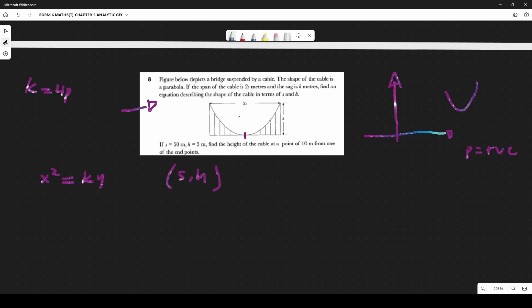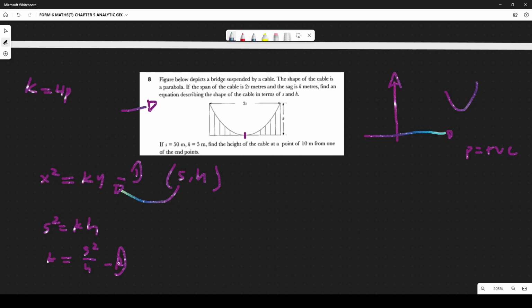These coordinates, s and h, will be in this parabola. I can say that s squared equals k times h, and then k equals s squared over h.